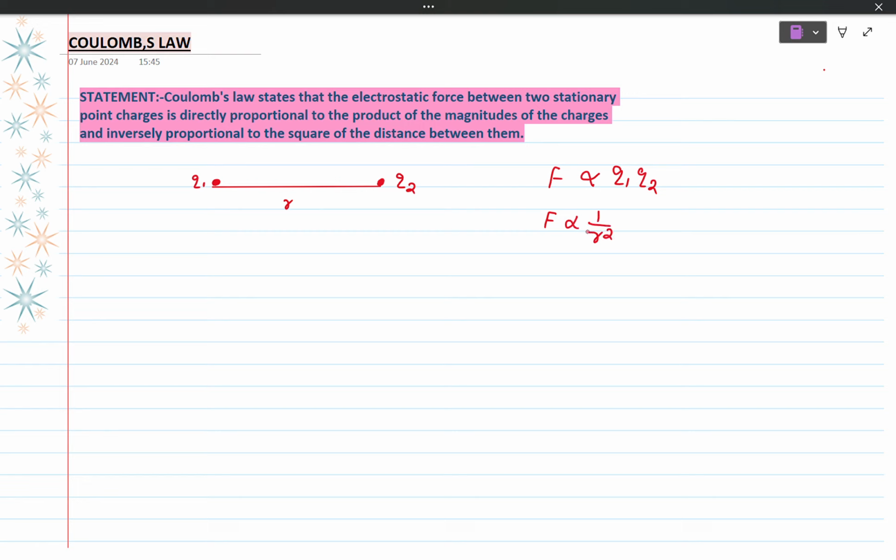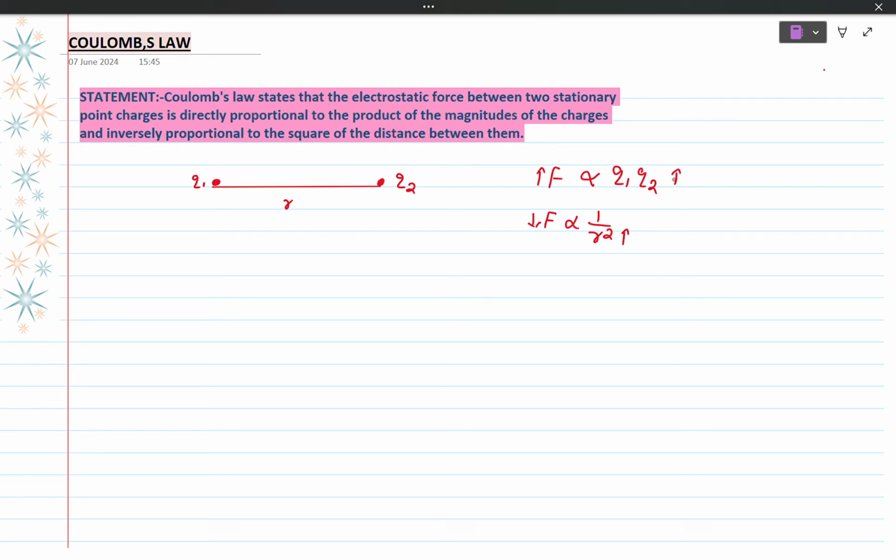So F proportional to 1 by r square means if the right side quantity increases, the left side quantity decreases. If it decreases, the left side quantity will increase. That is the meaning of inversely proportional. And directly proportional means if the product Q1 Q2 increases, the left hand side quantity, force, will increase.